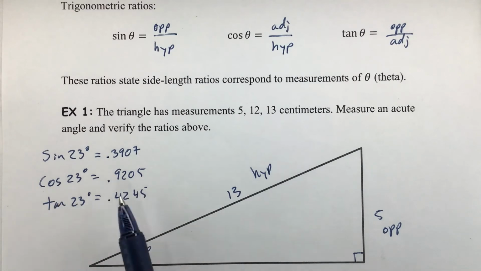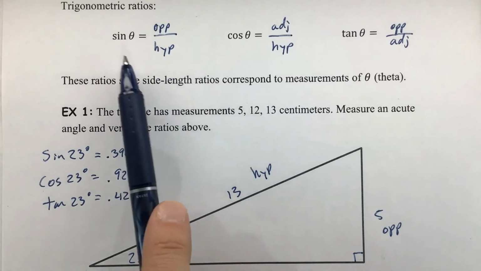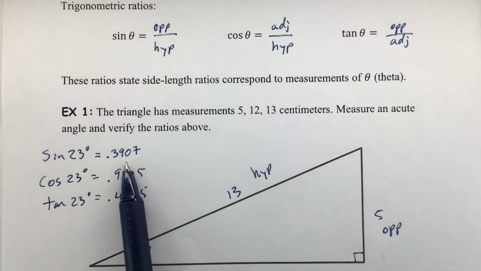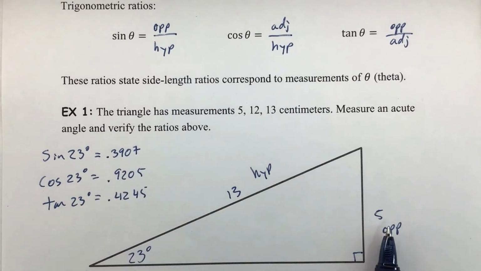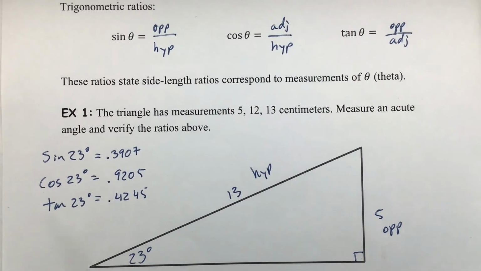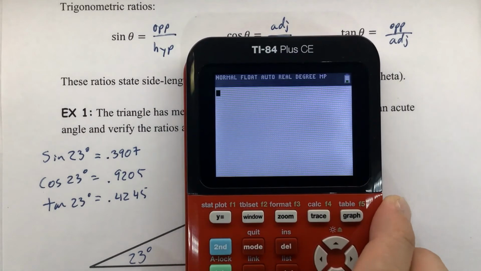We took the cosine of 23 and we got that. We take the tangent, we got this number. What do they really mean? Well, if we go back to the definitions, the sine of theta is the opposite divided by the hypotenuse. So what that means is that this number should be the opposite side 5 divided by the hypotenuse 13. If we divide 5 by 13, we should get that number.